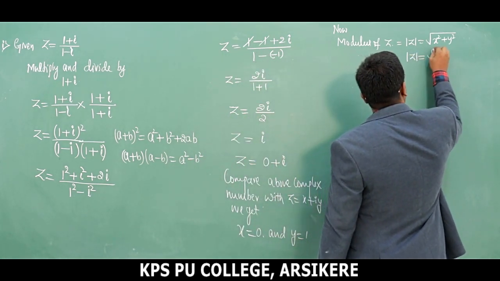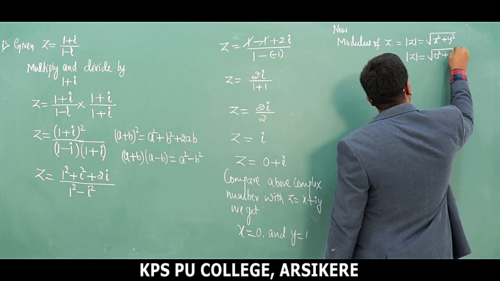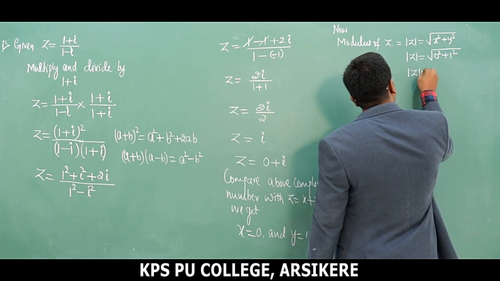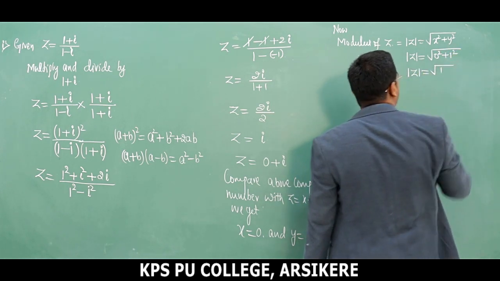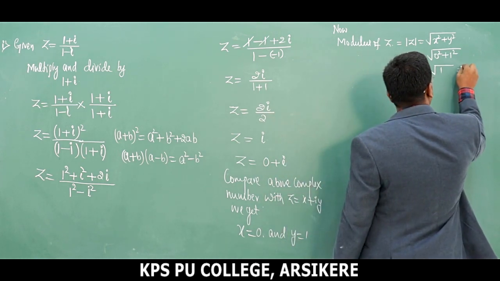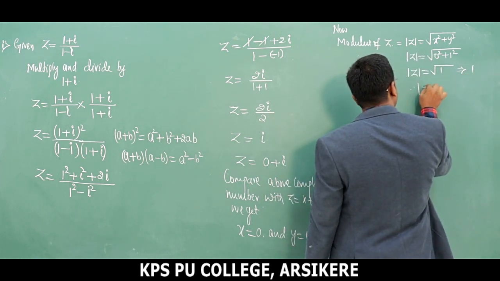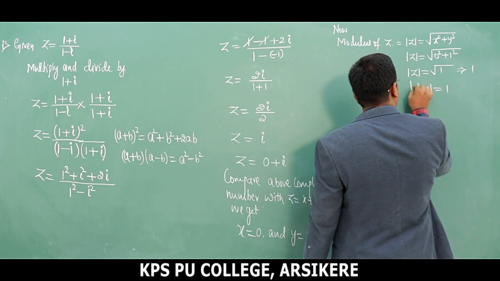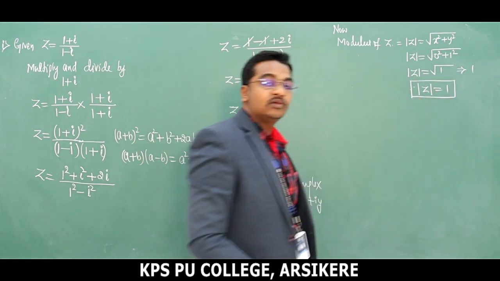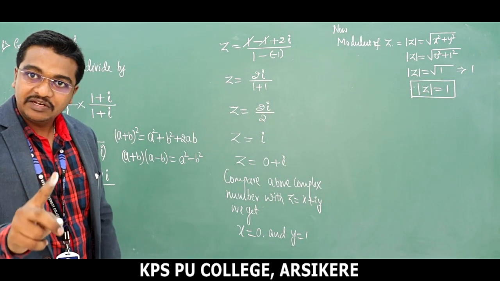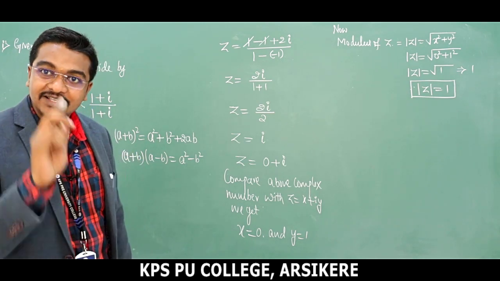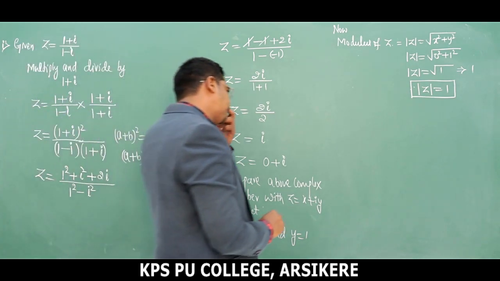Mod z is equal to square root of 0 square plus 1 square, square root of 1, which implies 1. Therefore mod z is equal to 1. We already obtained the value of mod z. Next we need to find argument, that is principal argument.